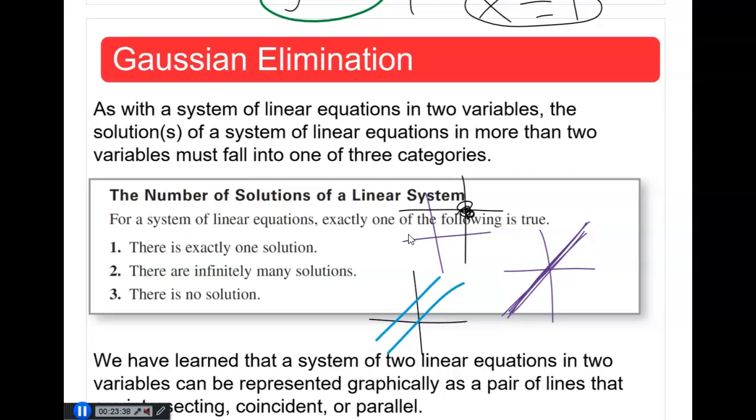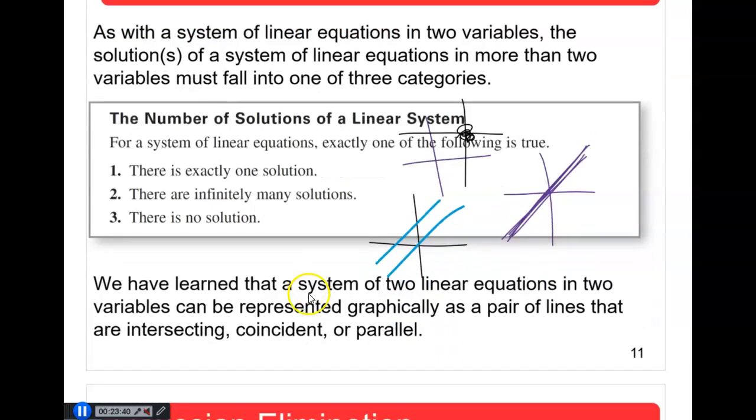And so the next slide has some pretty good images. So we're still going to have those 3 categories: one solution, infinitely many, or no solution. And so we have learned that the system of 2 linear equations in 2 variables can be represented as a pair of lines intersecting, as the one here. I'm going to fix that a little bit.